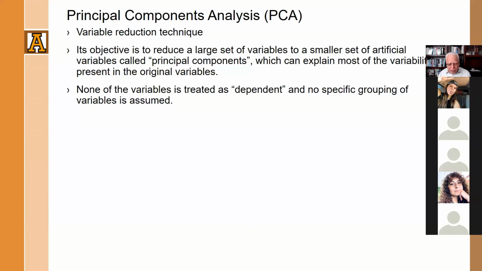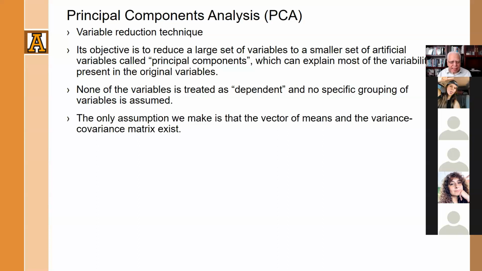Now, in this case, it's a non-supervised method, so there is no dependent variable here. There is no independent variable. All variables are equal, let's say, and we do not assume that there is a particular grouping of the variables. So just a bunch of variables, and we want to see if we can represent the variability that those variables represent by reducing it to a few components called principal components.